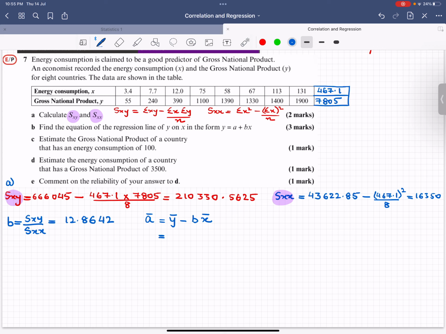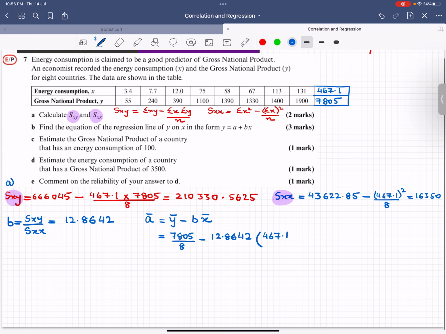Okay, so now if I want to find the average value of y, it is the total of all the entries divided by the total number of entries, which is 8. So 7805 divided by 8, minus the B value that I have already calculated here, 12.8642, multiplied by the average value of x, which is 467.1.